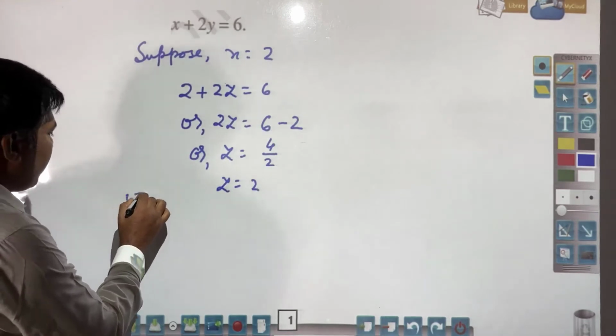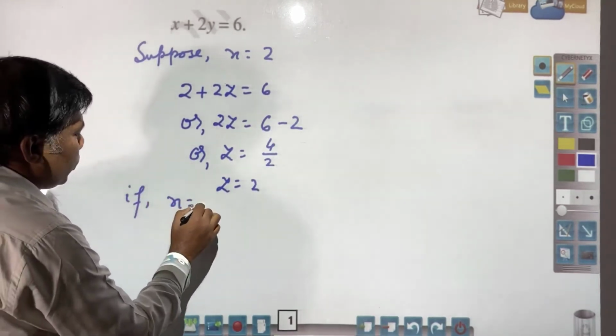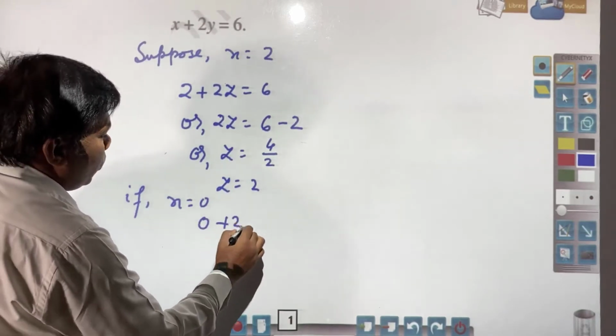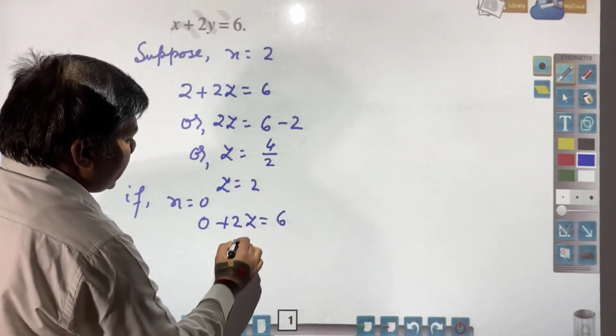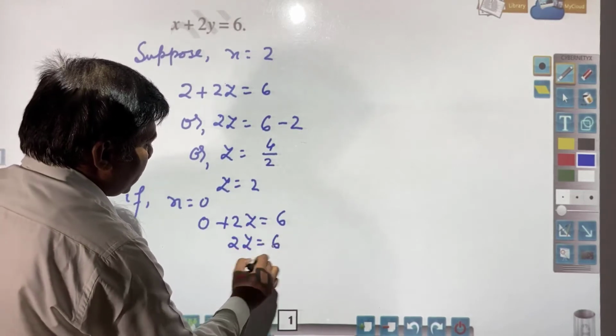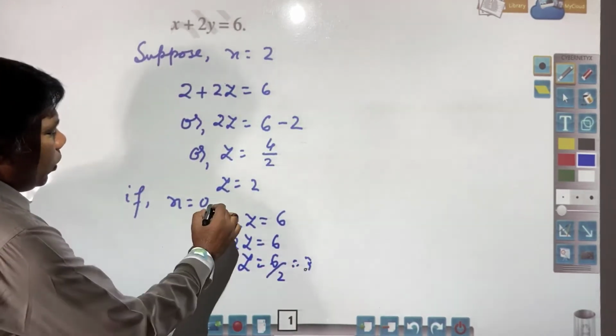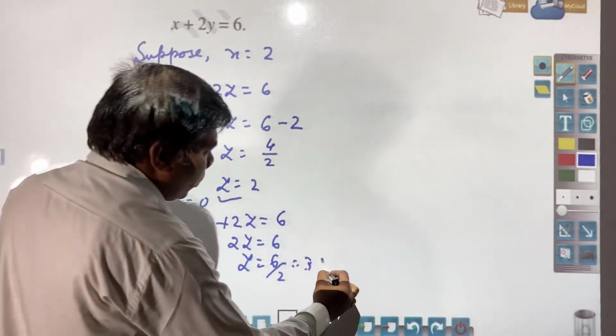If x is equal to 0, in this case y will be what? 0 plus 2y is equal to 6, so 2y is equal to 6, y is equal to 6 by 2, it means 3. So when x is equal to 0, y is equal to 3.